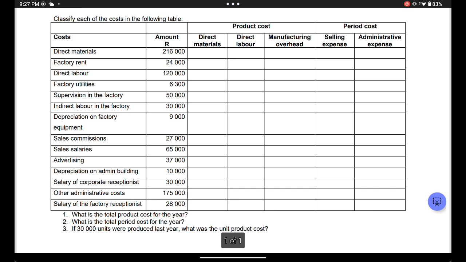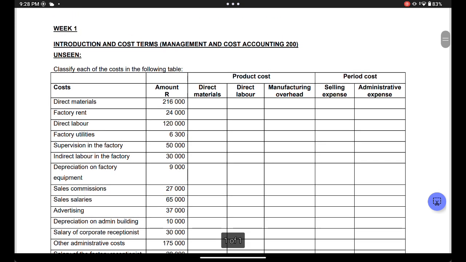Right, let's start. Product cost and period cost. We need to distinguish what those two things are first before we're doing it, right? Very easy. I like to ignore period cost and product cost and put a term in my head.